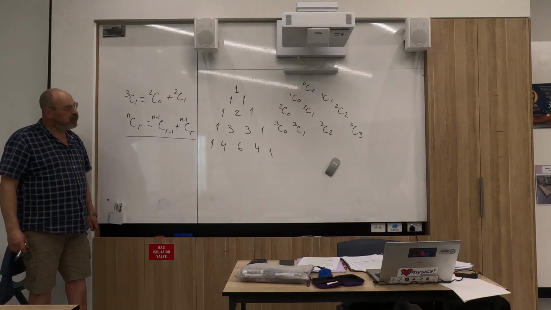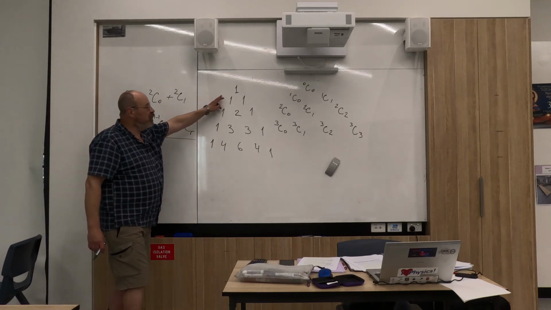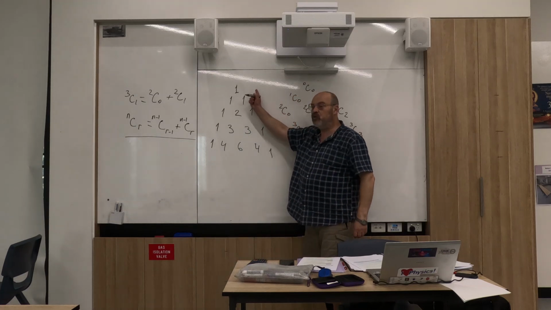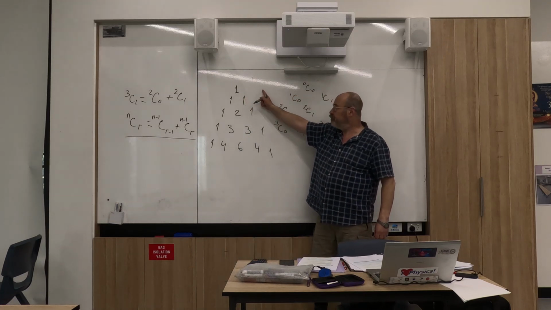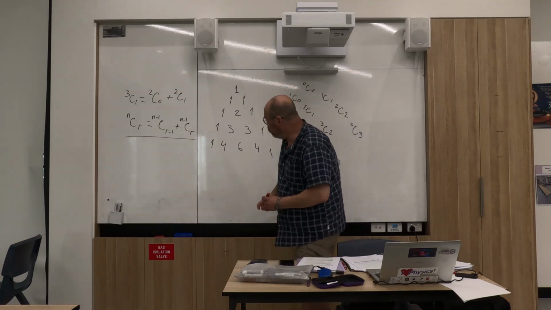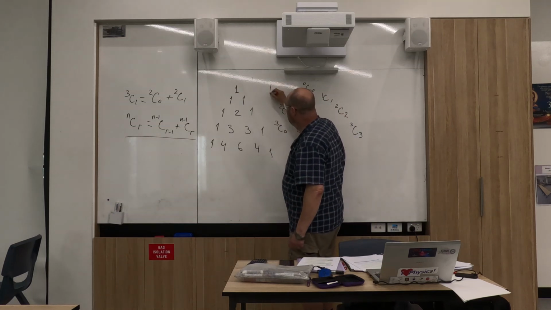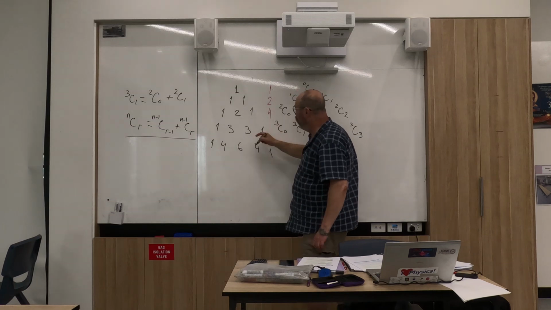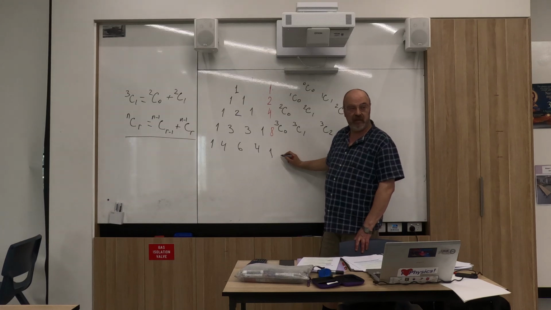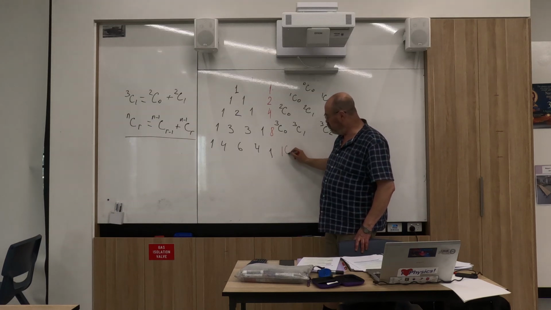One more thing. Let's add each row. If we add the numbers in each row, what will we get? 1, 2, 4, 8, then 16.